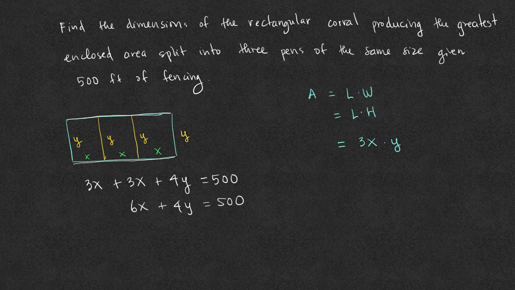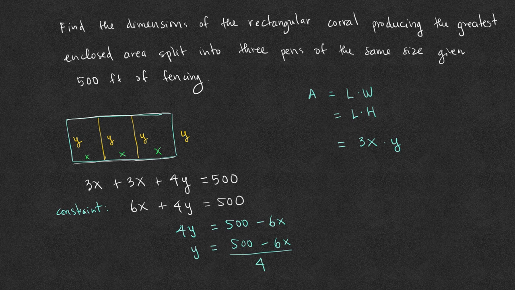We would need to get rid of one of the variables, and that is where this constraint kicks in. Using this constraint equation, we will isolate y by first subtracting 6x: 4y equals 500 minus 6x, and so y equals (500 minus 6x) over 4.